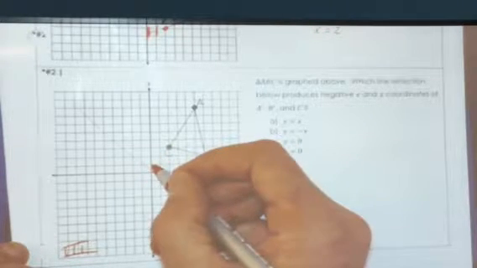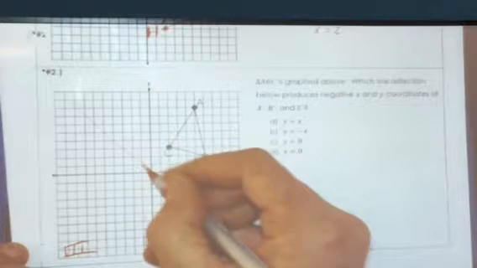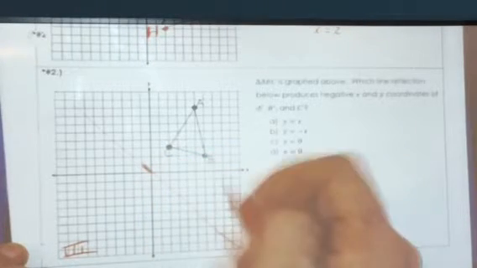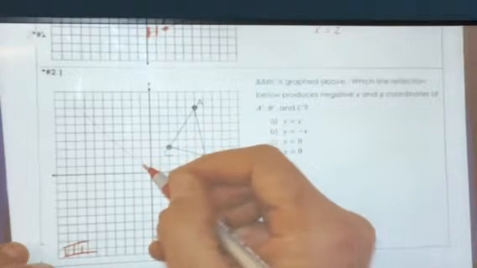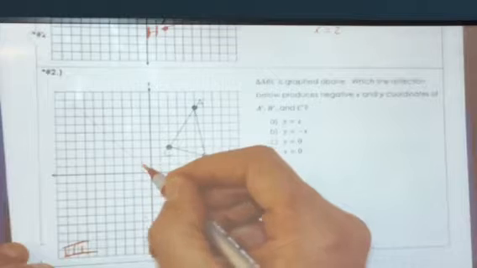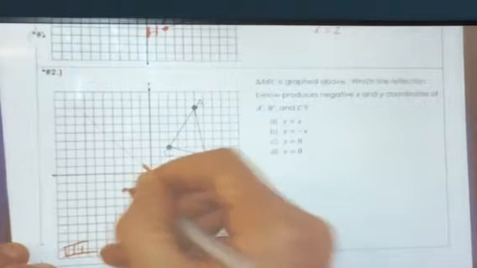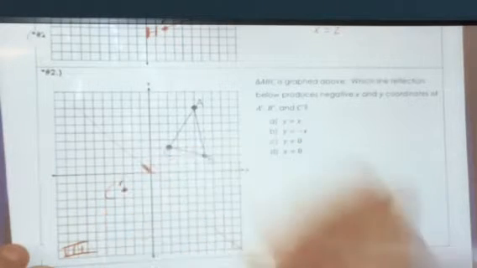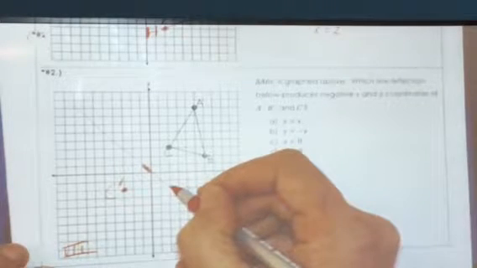Now be careful. Y equals negative x passes through the middle of this square. So we've got negative 1, we've got diagonal 1, diagonal 2, and a half. So then a half here, then 1, 2. So this is where C prime should be. Let's do the same thing with B. Diagonal 1, 2, 3, 4, exactly.